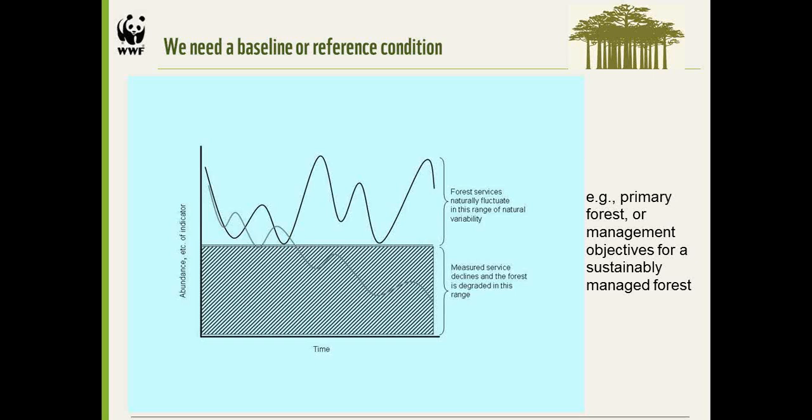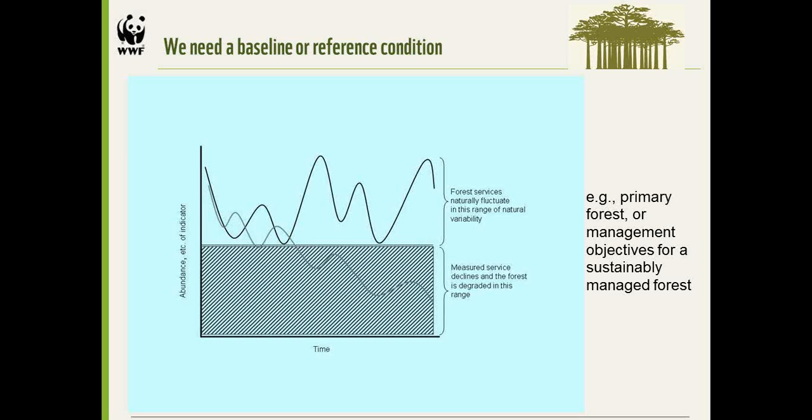And so that upper line is meant to illustrate that within bounds, the forest provides kind of a stable level of goods and services. However, if as a result of whatever factor, such as bad forest management, one of the goods and services that you measure as an indicator starts to decline and falls below the expectation for a period of time, then we would start to say that the forest is degraded.